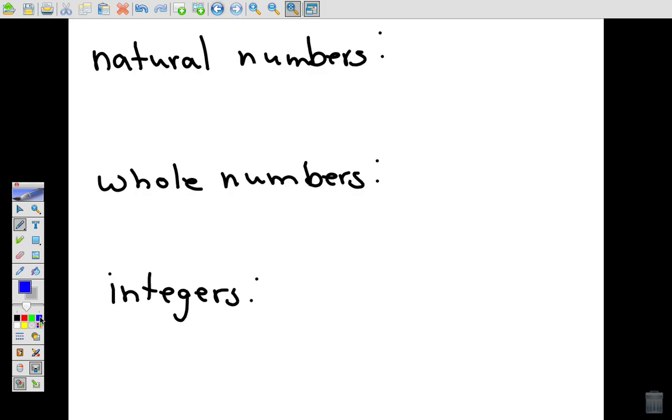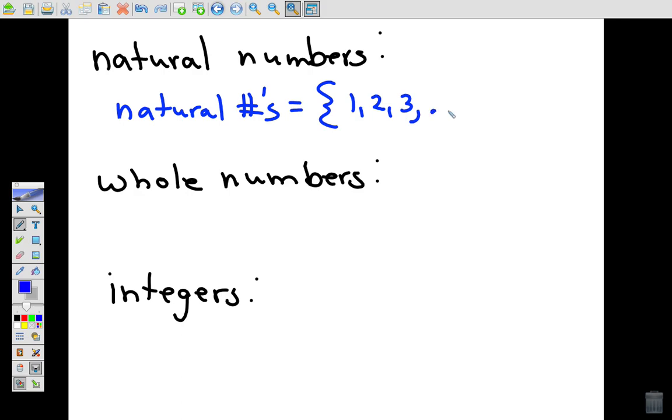The natural numbers, and I'll abbreviate numbers with the symbol, are, and we're going to show them as a set, so I use my brace, the counting numbers, as we've talked about before: 1, 2, 3, dot, dot, dot. The dot, dot, dot means they keep on going. Obviously, I don't want to list all of them out, I'd never get done, so we use the 3 dots to show that they keep on going.